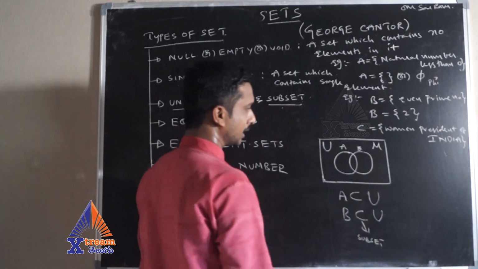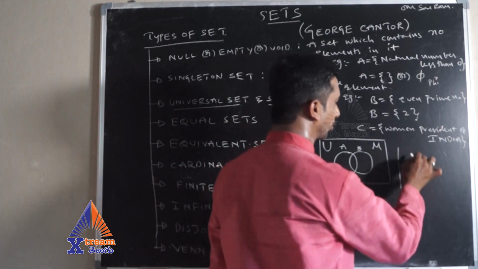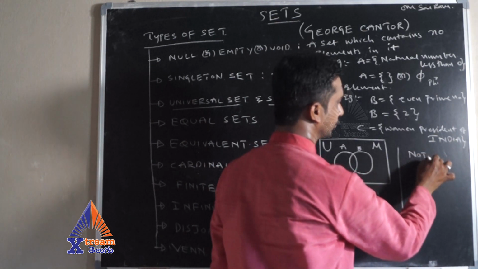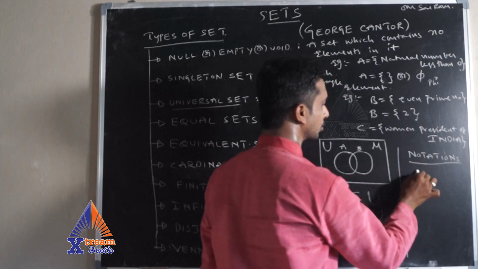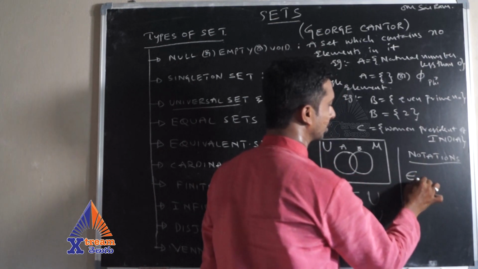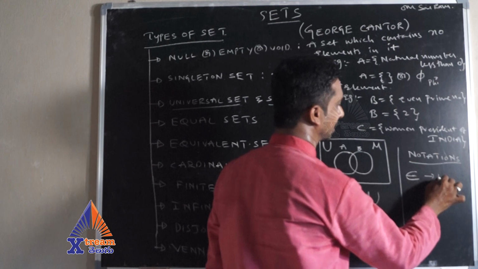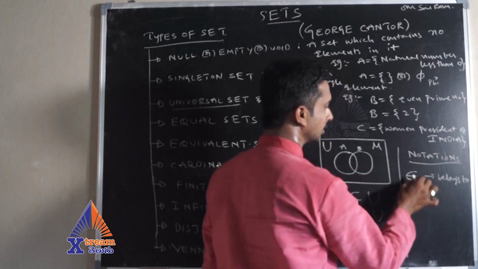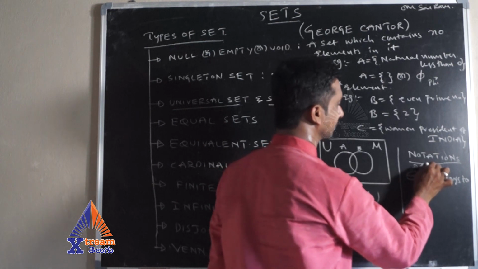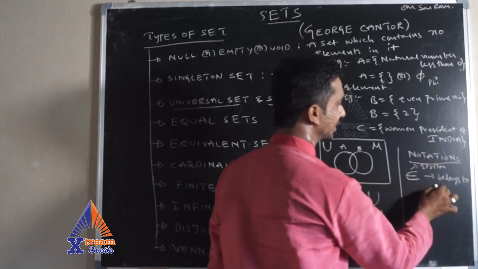In sets we have a few notations, or you can say symbols. This is epsilon. What is this? Epsilon is nothing but belongs to.